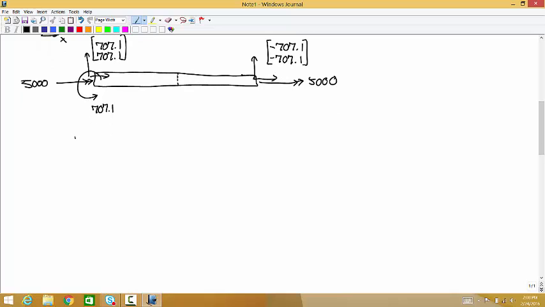So now we're going to make a cut. Our chosen body is going to be from the left endpoint to the dotted line.